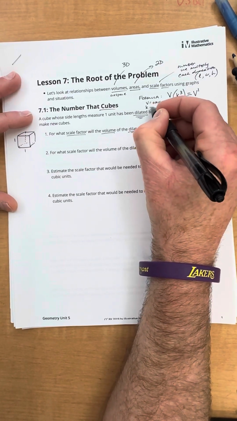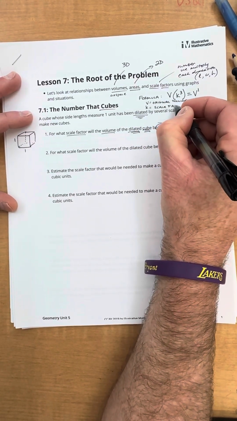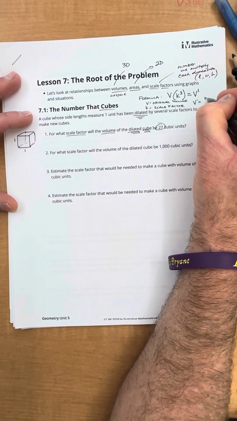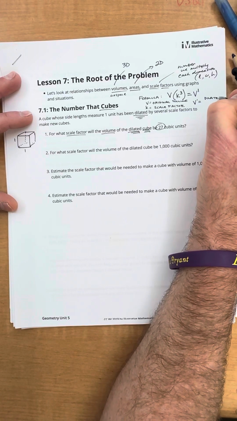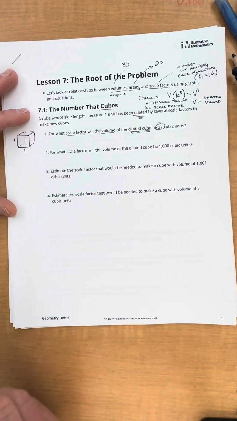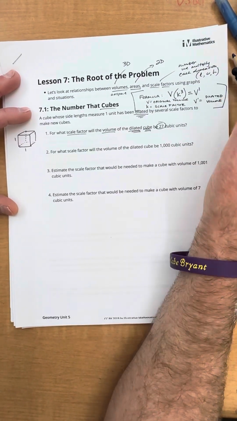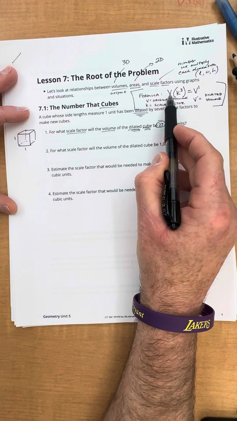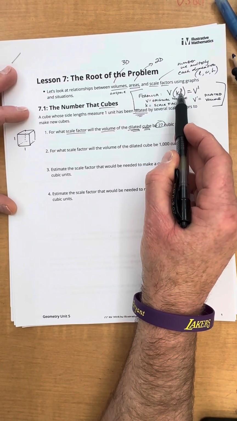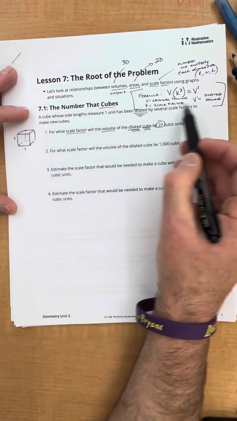K equals your scale factor. And V prime is your dilated volume. So that's what you need to know. This formula: original volume times your scale factor to the 3rd power equals your new volume, or dilated volume.